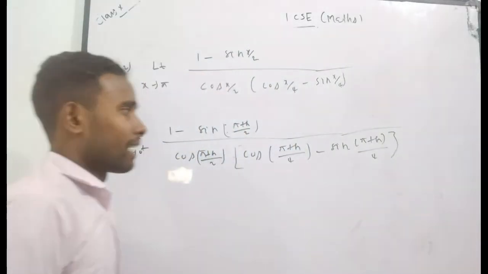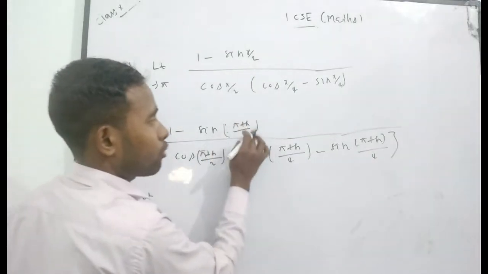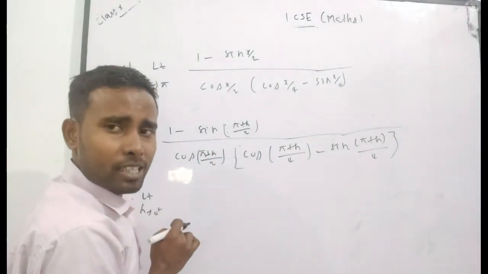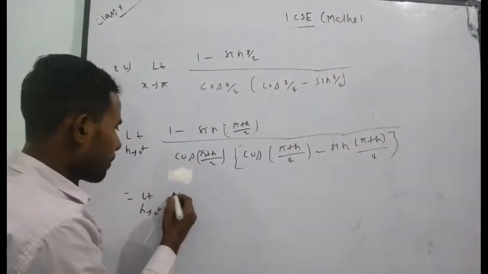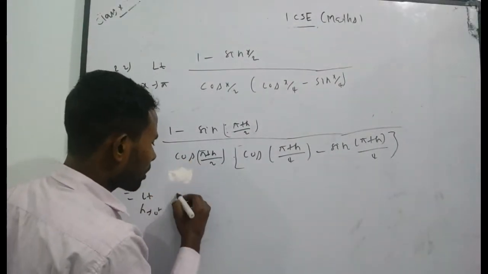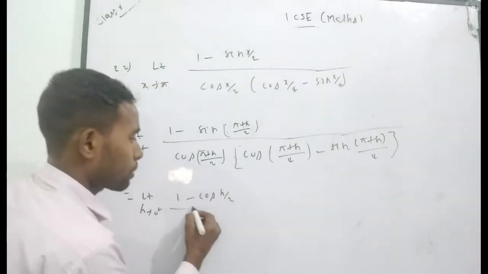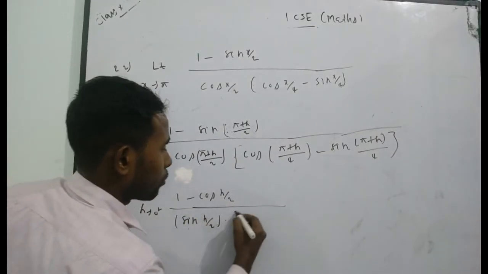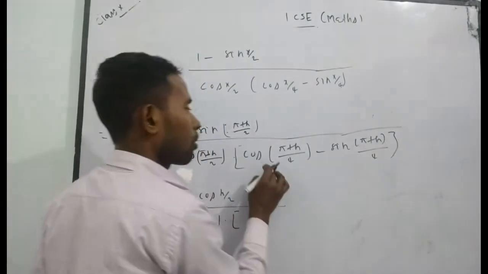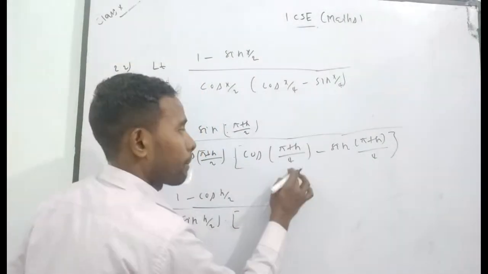This is your RHL. After manipulating, you get limit h tends to 0, sin (pi by 2 plus h by 2). That means sin (pi by 2 plus theta), that will be minus 1 minus cos h by 2, divided by cos (pi by 2 plus h by 2), which becomes again sin h by 2, into, if you manipulate cos A into cos B plus sin, it will be cos (pi by 4 plus h by 4).